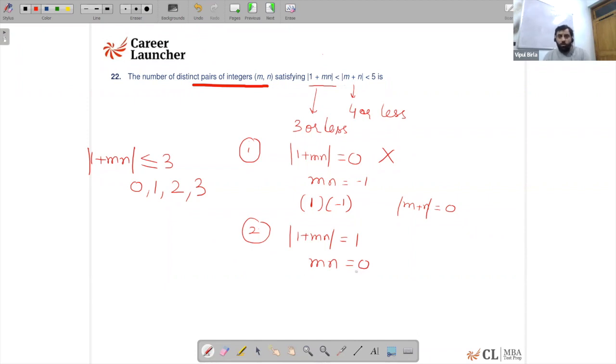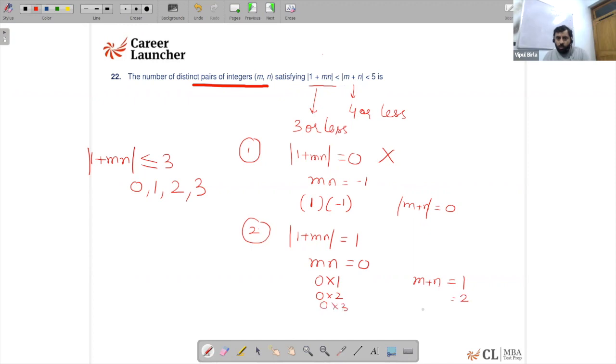And I also know that the value of mod m plus n has to be either 4 or less than that. So let's take 0 into 1. In this case, m plus n will become 1. 0 into 2, it will become 2.